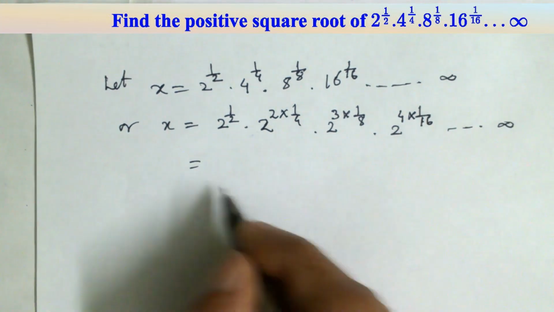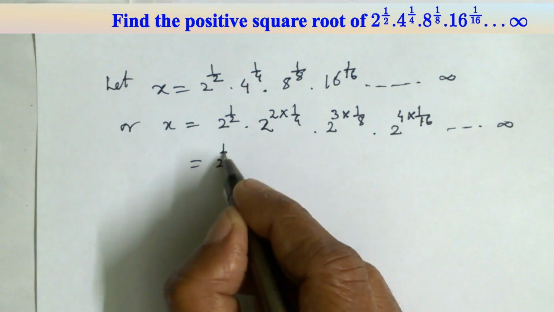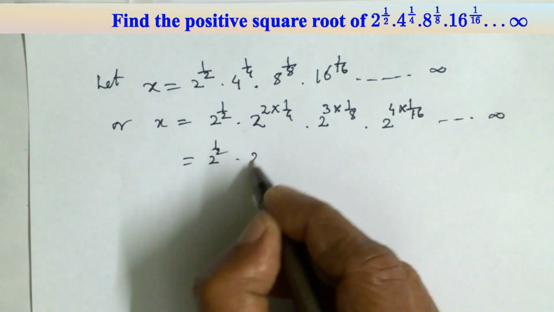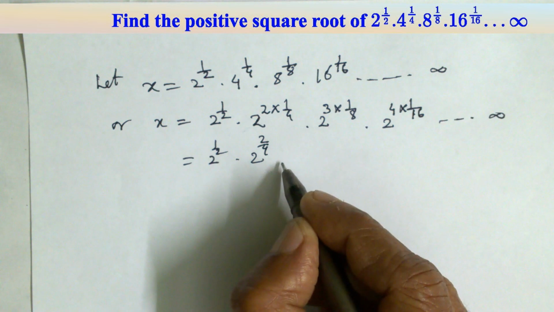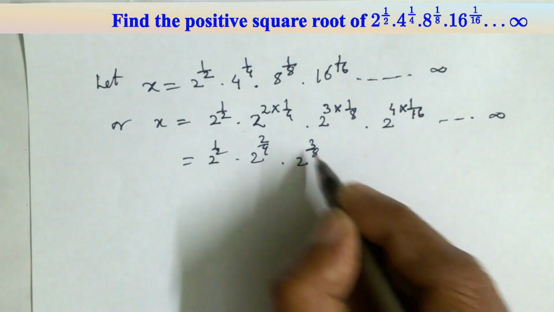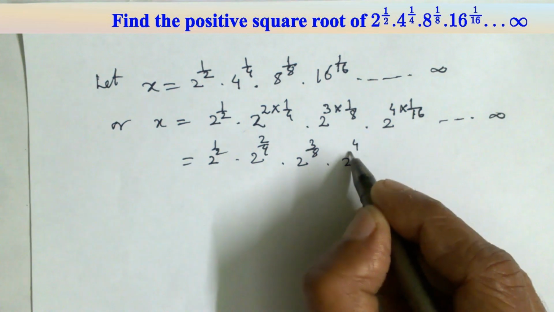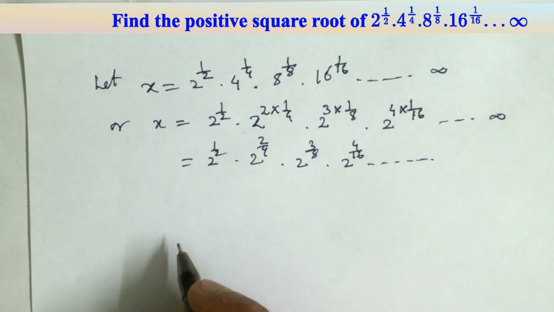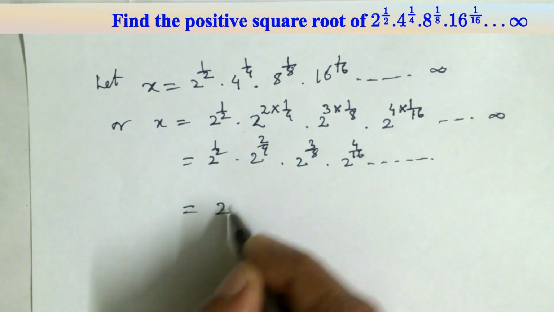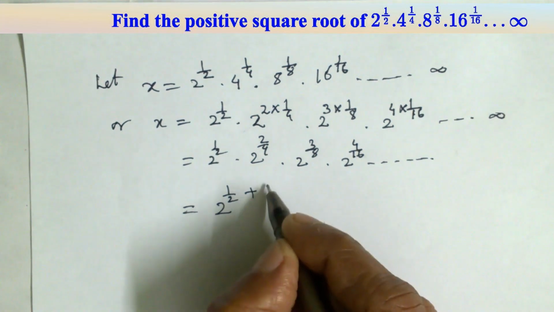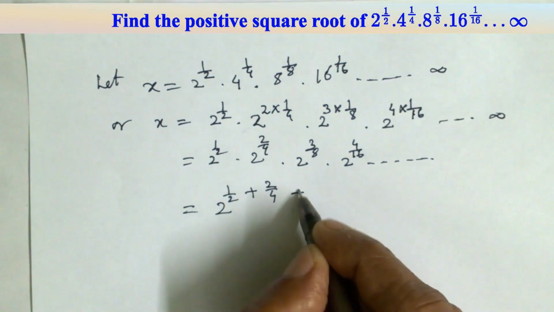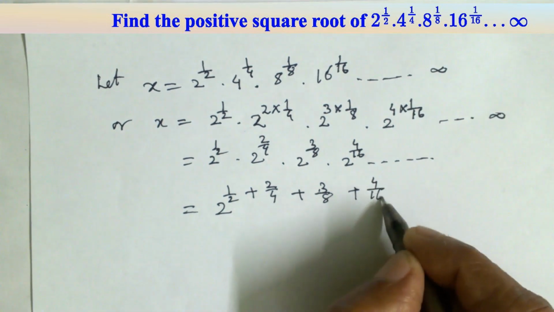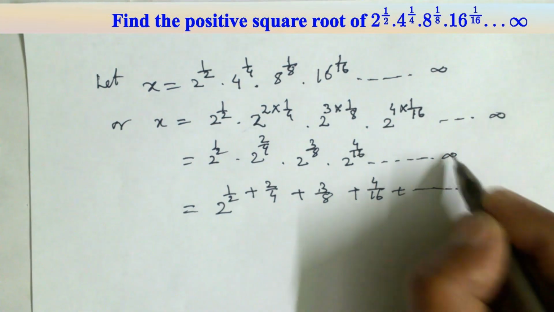Next, writing only this part, 2 to the power half, to the power 2 by 4, into 2 to the power 3 by 8, into 2 to the power 4 by 16 and so on. This can be written as 2 to the power, half plus 2 by 4 plus 3 by 8 plus 4 by 16, so on to infinity.